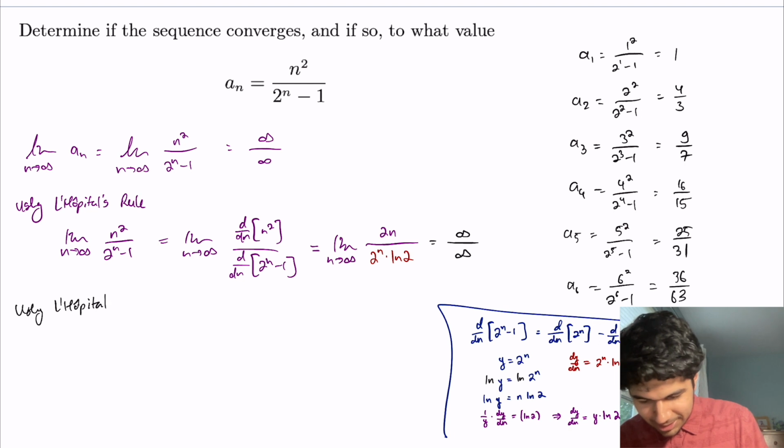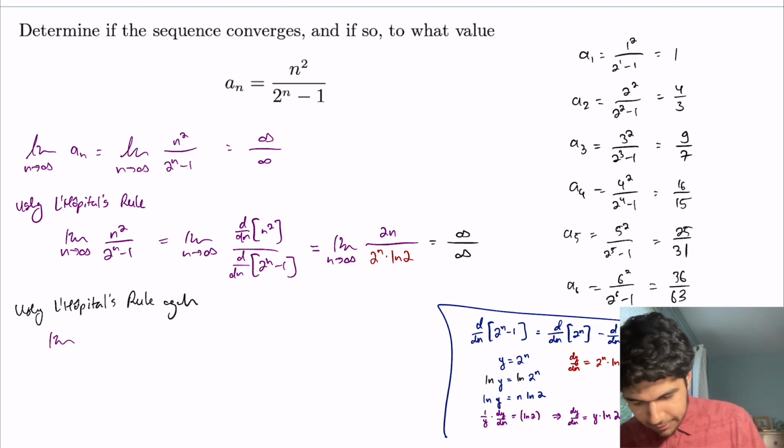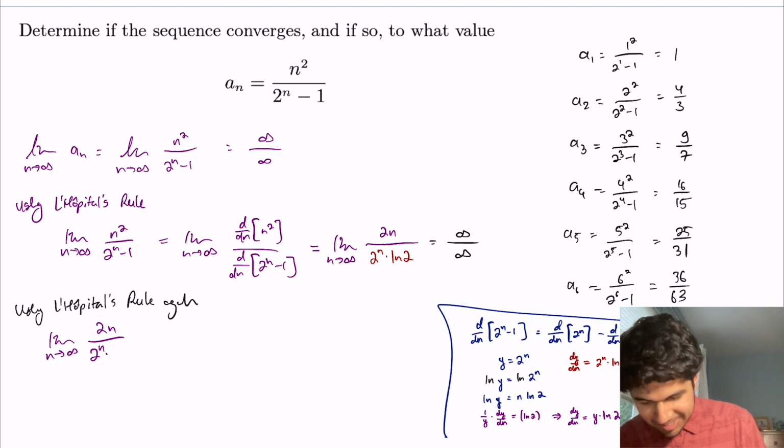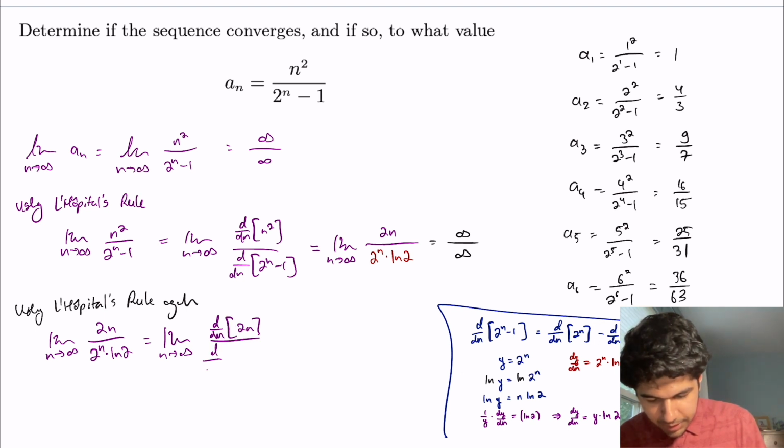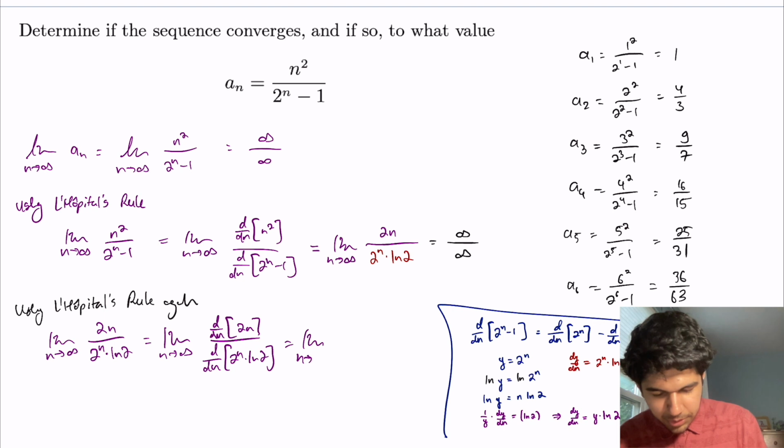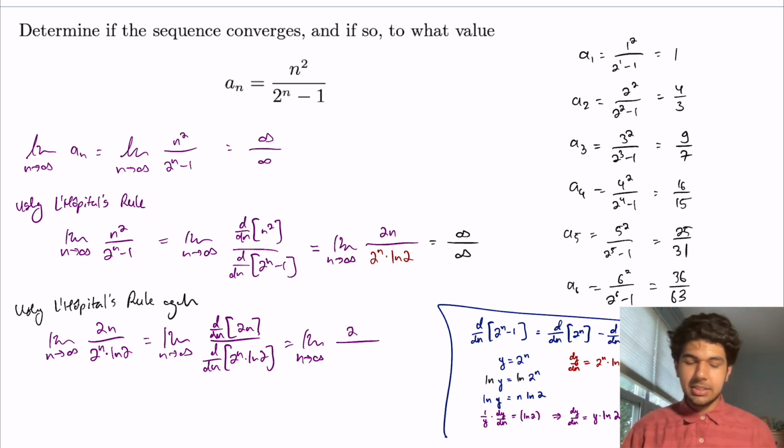Using L'Hopital's rule again, we are saying that the limit as n approaches infinity of 2n over 2 to the n times ln of 2 is going to be equal to the limit as n approaches infinity of the derivative of the numerator divided by the derivative of the denominator. So the derivative of the numerator is simply going to be 2, and in the denominator we can use the product rule again.